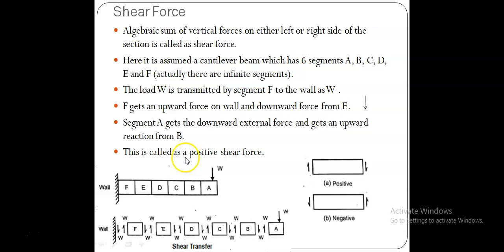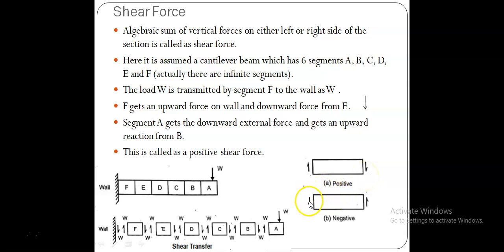So far we have discussed the sign convention used for shear force. Finally, we conclude that on the left portion, an upward shear force is positive, and on the right side, a downward shear force is positive.